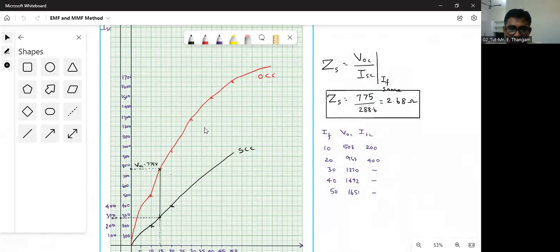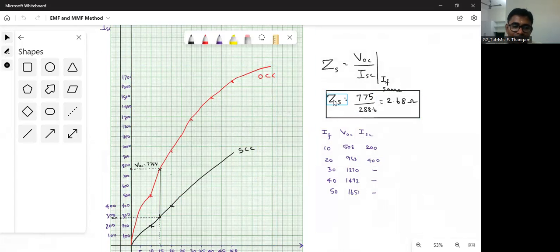Then the only thing we need to calculate from the graph is ZS. That is why it is called the synchronous impedance method. How will you calculate ZS? VOC by ISC for the same value of IF. So you mark IA and extend it to the ISC curve, then mark the corresponding IF, extend that point to your OCC curve, and then extend it to the VOC axis. Then you will get your VOC value.